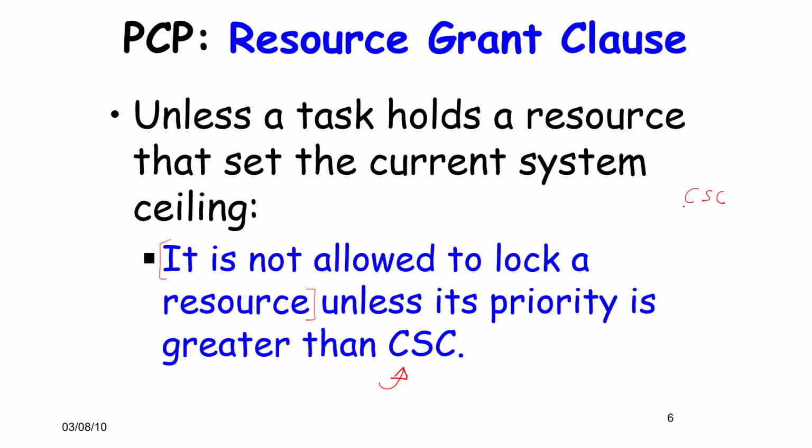So let's assume that the system ceiling was 9. Then a task comes and it locks a resource which made the system ceiling 10. So given the fact that the task that set the ceiling 10 holds a resource whose ceiling is 10, it is now allowed to lock resources.